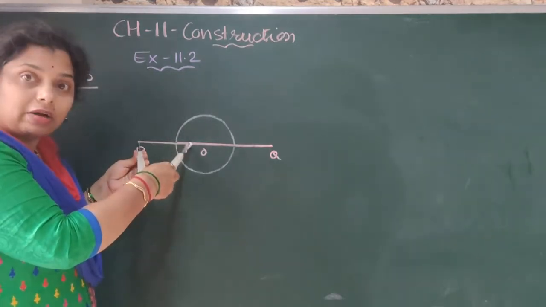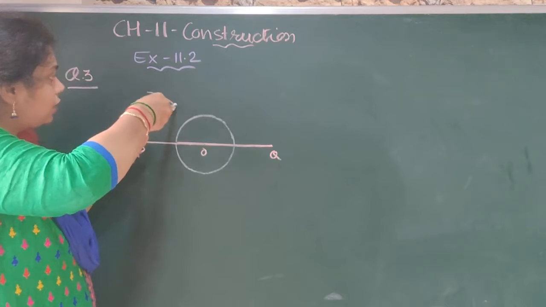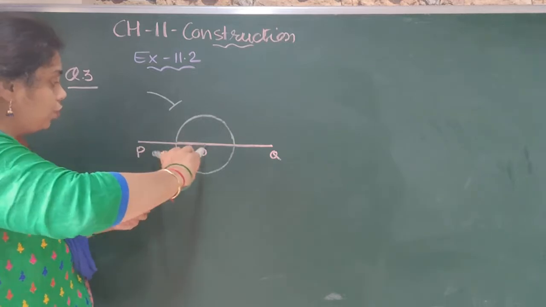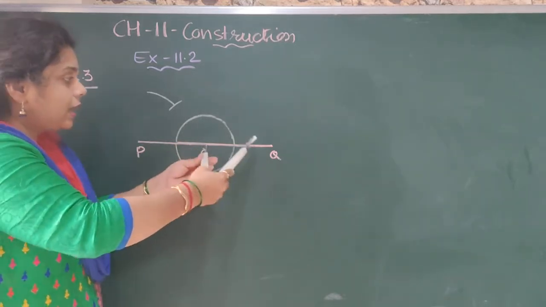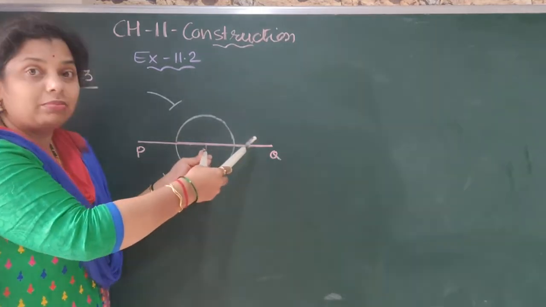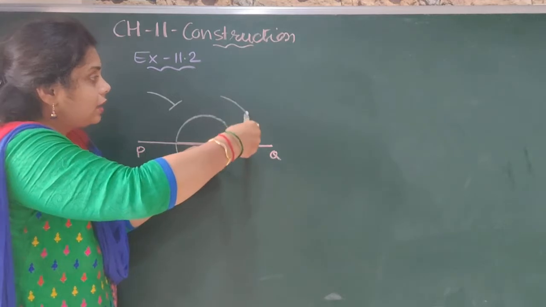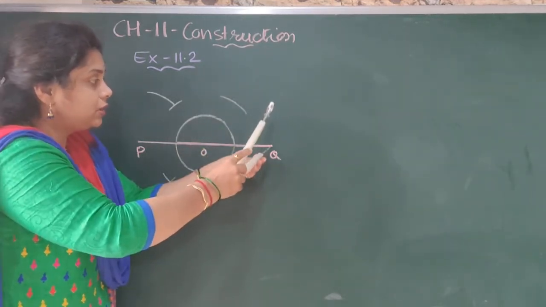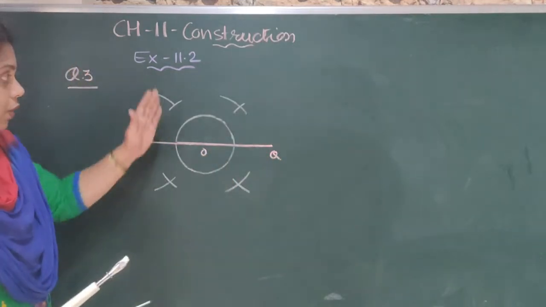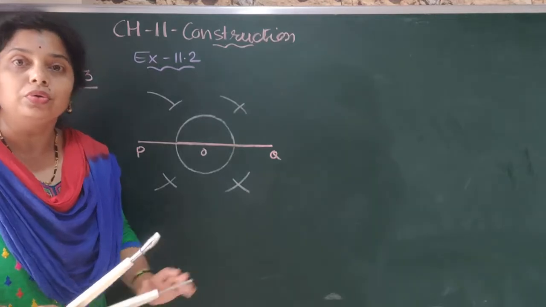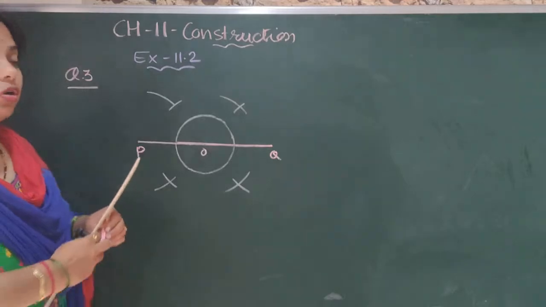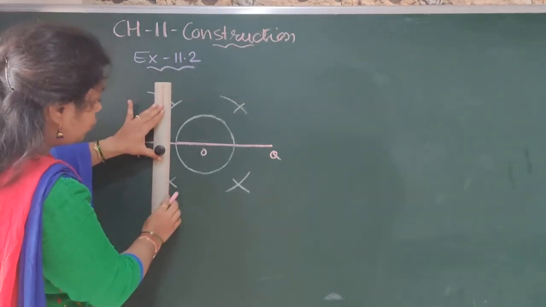Take more than half of OP, and draw arcs on the upper side and downward side from P and O. Similarly, as OP and OQ are the same length, you can maintain the same radius and draw arcs on the upper side and lower side by taking centers O and Q. Now the intersection points of the arcs you have to join, so we get the midpoints of OP and OQ.